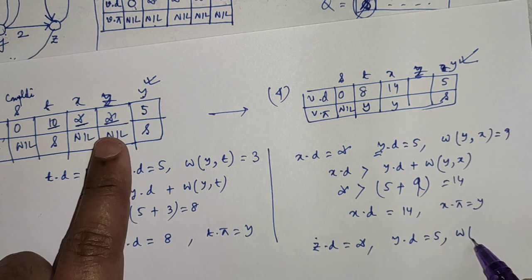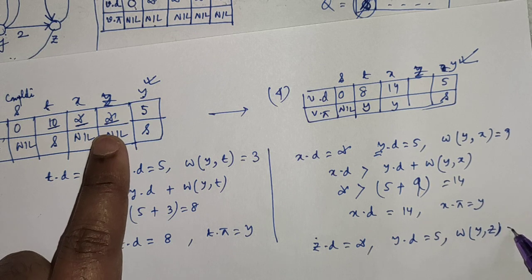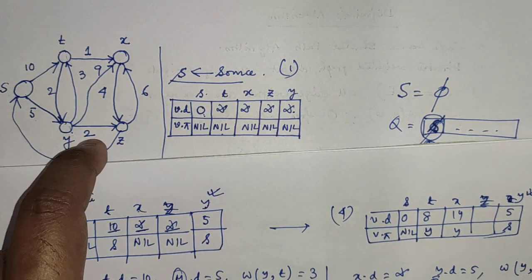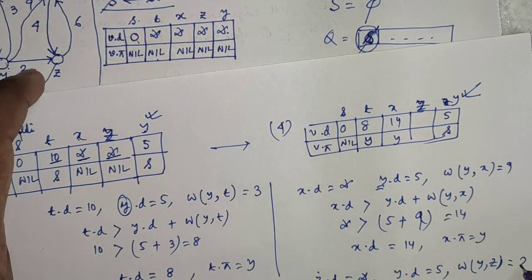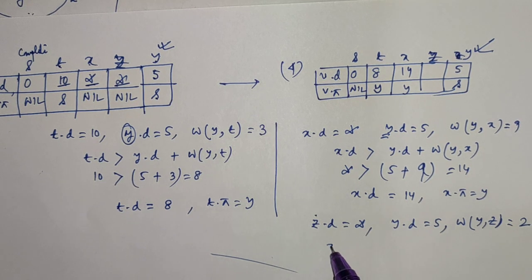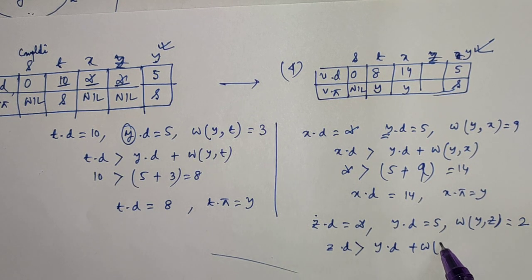Okay, w of y to z, take the graph, y to z, edge weight, that is 2. Okay, fine. So z dot d is greater than y dot d plus w of yz. It is infinity, greater than 5 plus 2, 7. So definitely satisfies.